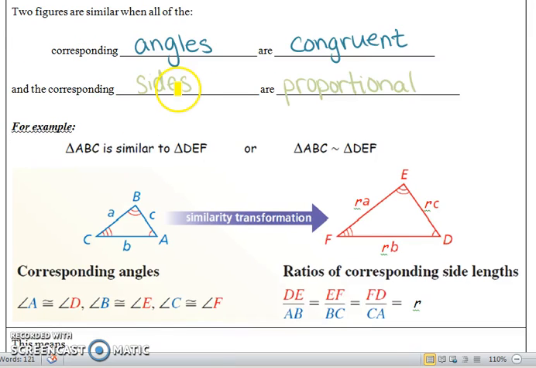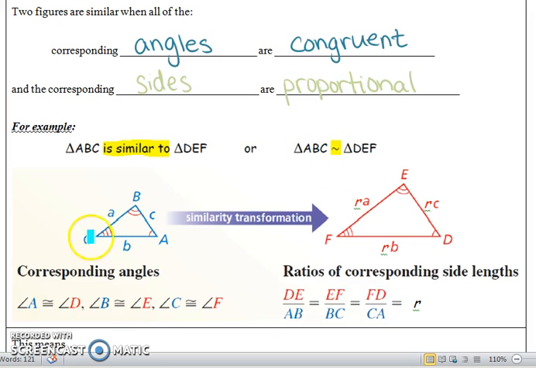So using these two properties, let's look at this example really quickly here. It says that triangle ABC is similar to triangle DEF. So all of the corresponding angles from triangle ABC are congruent to all of the corresponding angles in triangle DEF. Also note, it says is similar to, and you replace that with this little similar symbol.